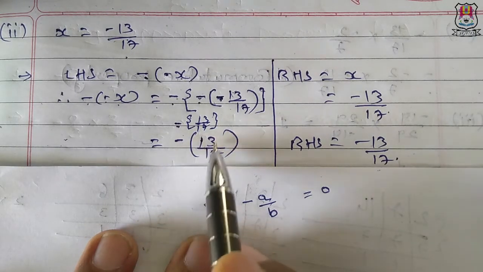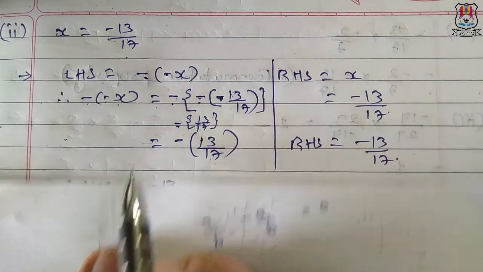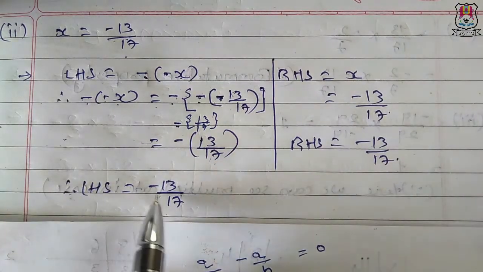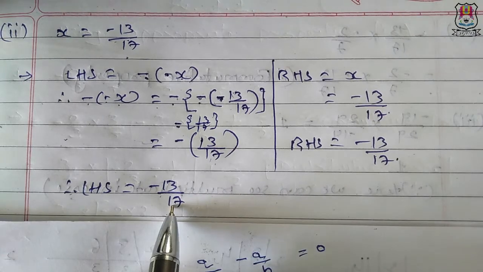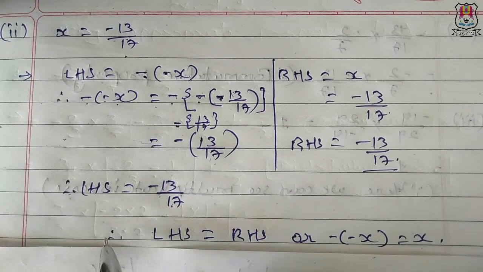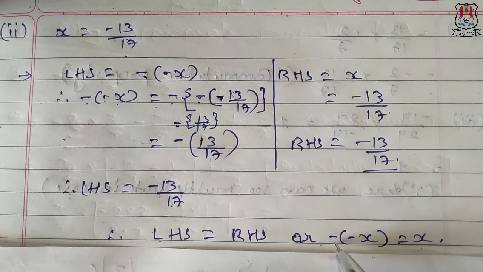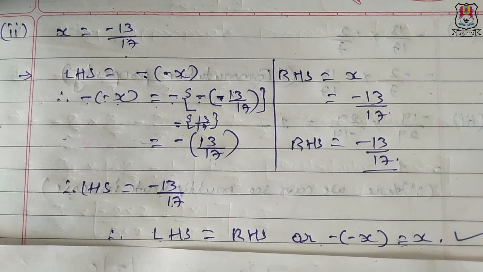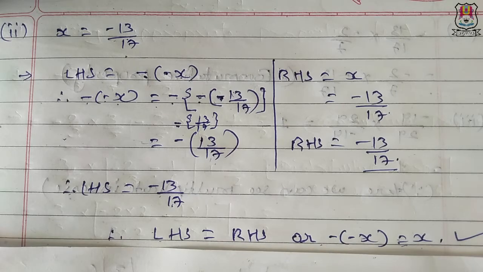So minus 13 upon 17 we got, and therefore left hand side we have minus 13 upon 17, and right hand side also we got minus 13 upon 17. So that's why we can say therefore LHS is equals to RHS, or it is verified that minus into bracket minus x is equals to x, and this condition is true.